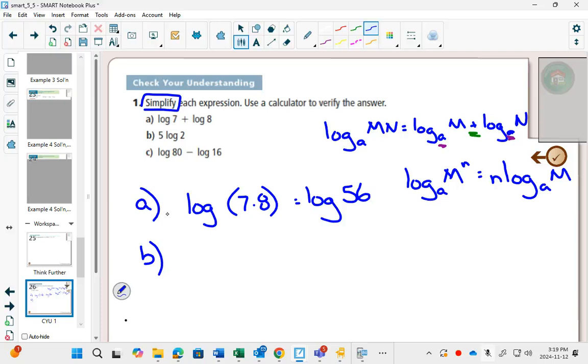According to the log laws, you can take that n and throw it inside the logarithm as an exponent. So I can take this expression and put that 5 in as an exponent, and 2 to the 5 is 32, so this would equal log of 32.